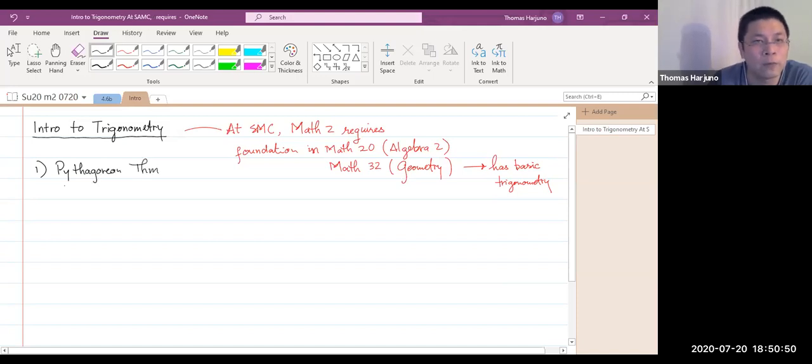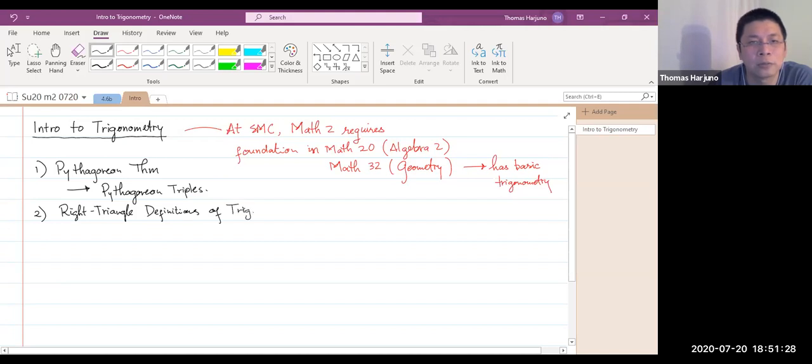I will review that again, but one of the consequences of the Pythagorean Theorem I want to mention is something called Pythagorean triplets. Second, the right triangle definition of trig functions, and then the values of trig functions on special angles.